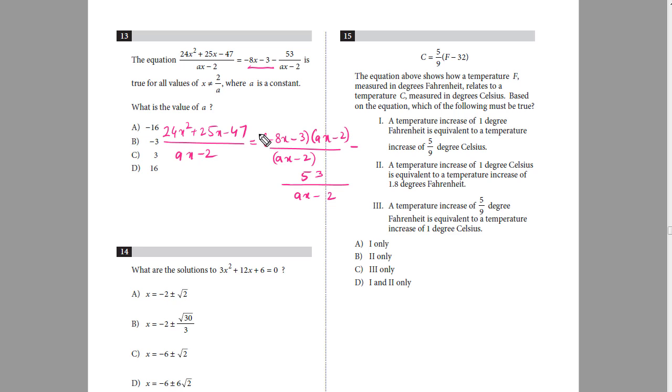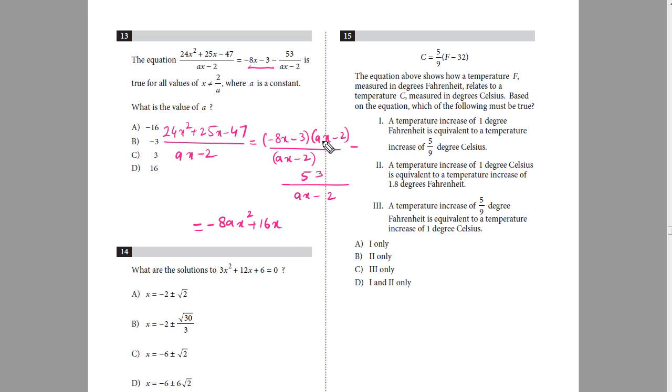Now let's solve this portion. Negative 8x times ax, that will become negative 8a x squared, and negative 8x times negative 2, it will become plus 16x.